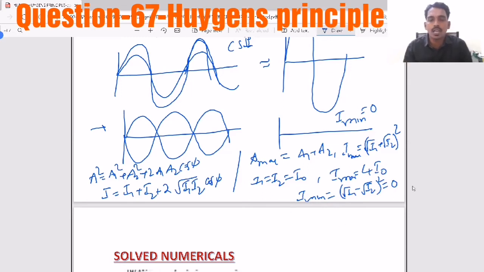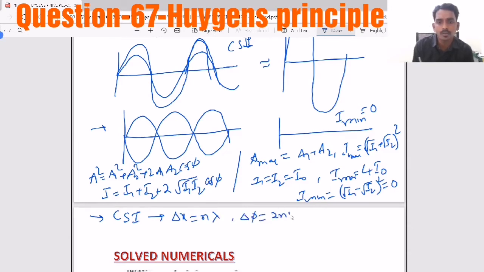And you have to remember the path difference and phase difference conditions for constructive and destructive interference. For constructive interference, delta x should be n lambda, then the phase difference will become 2n pi.